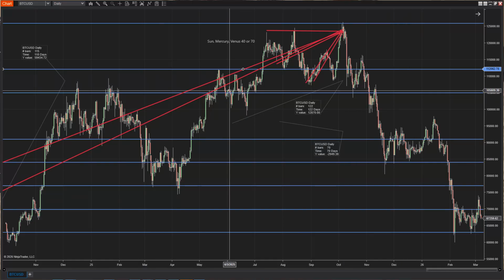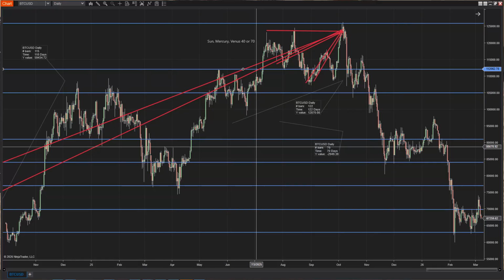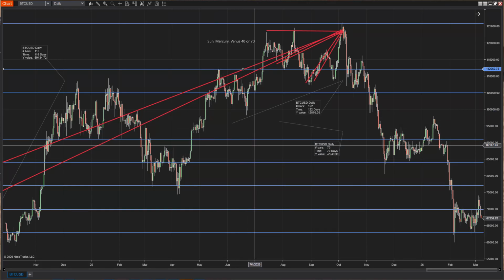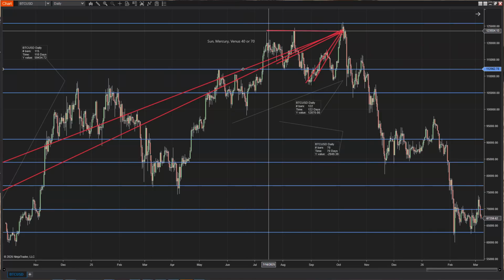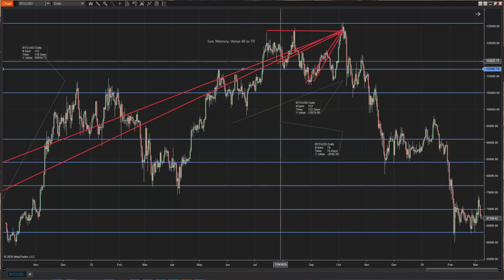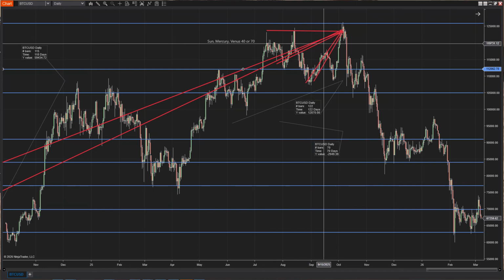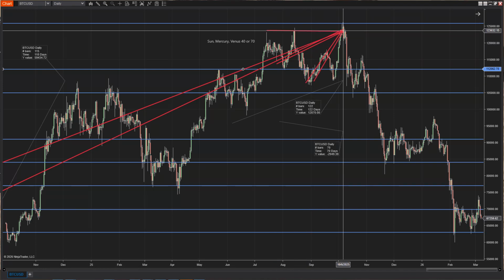And when you get these levels, now what you want to do is take some of these timing techniques that George gave out. So you can use these time factors. So let's look at the Sun, Mercury, Venus 40s and 70s coming from these pivot points, and they all align at the all-time high here on October 6th of 25.